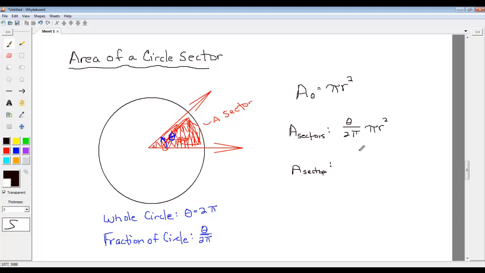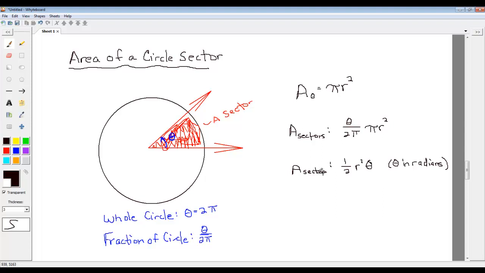Reduce the pi's, and you end up with 1/2 r squared times theta. But this gives us a nice little formula that we can use to find the area of a sector, a fraction, or a part of the circle.